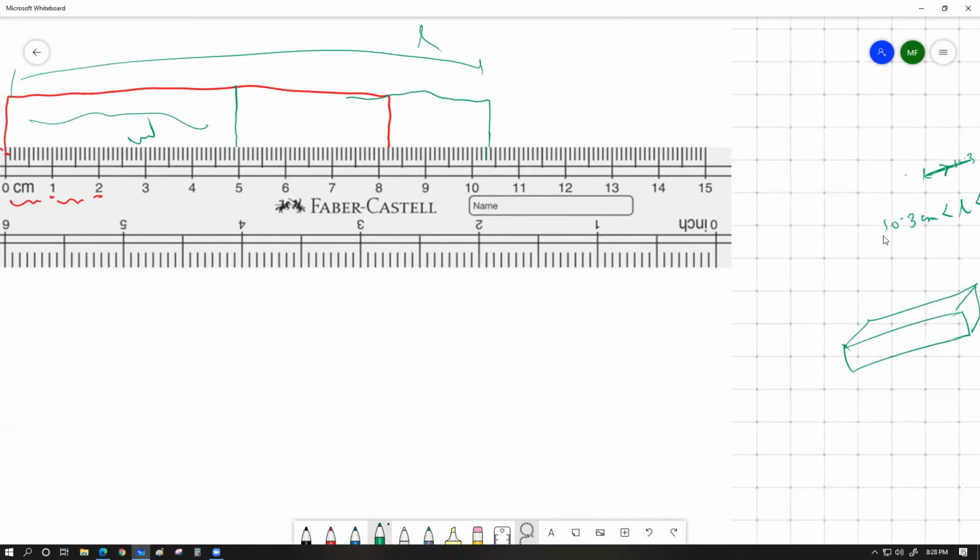Now that's essentially what we're getting at: if we want to measure accurately, that's the keyword, if we want to measure accurately fractions of 1 millimeter, how can we do that?